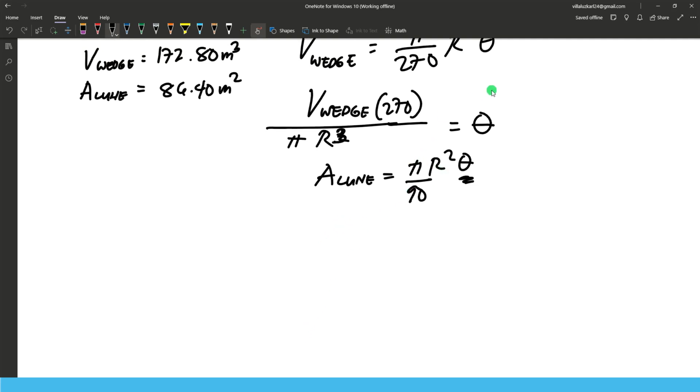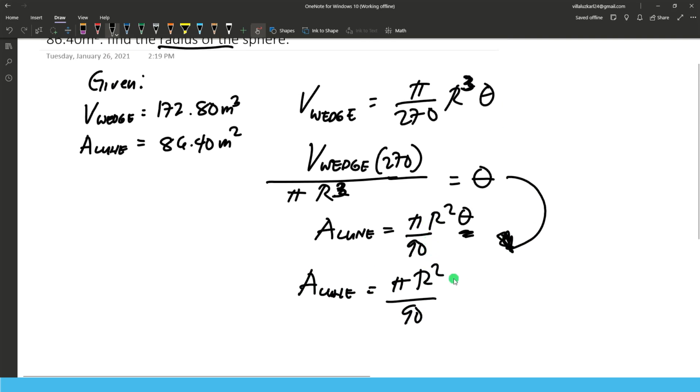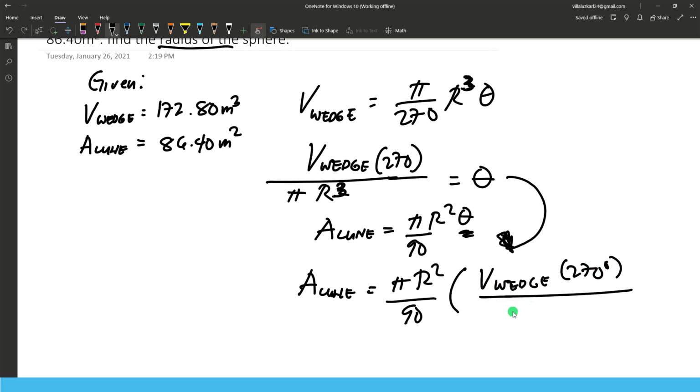We will just substitute the theta here into the formula for the area of the loon. Substituting the theta which we derived from the formula for the volume of the wedge, theta is the volume of the wedge times 270 over pi r cubed.